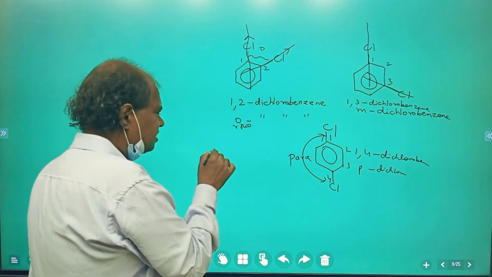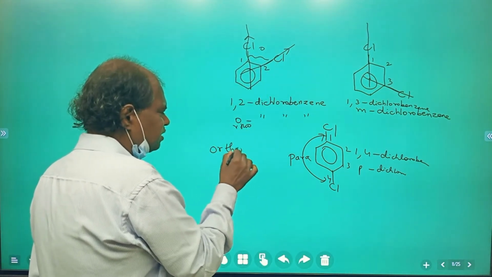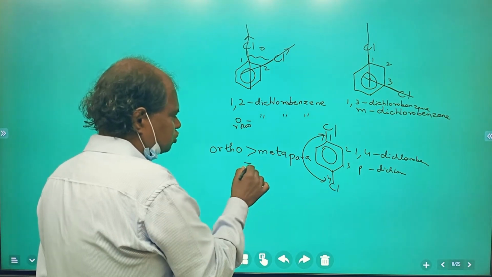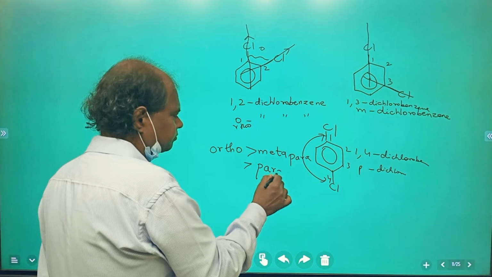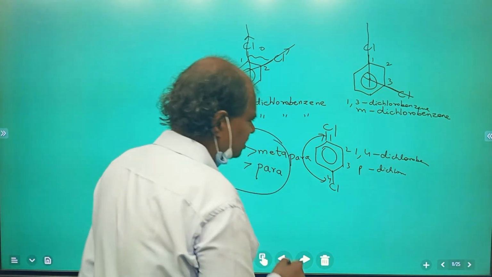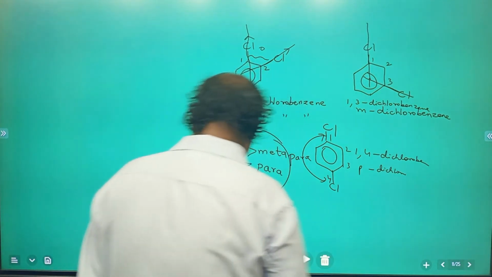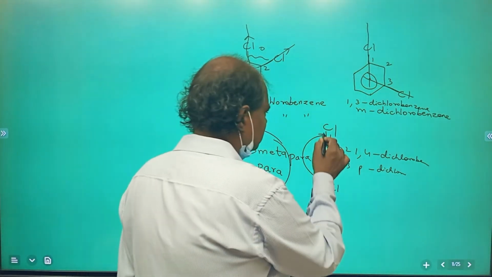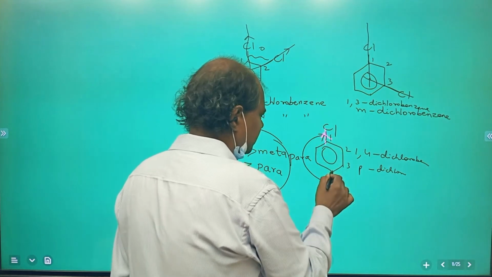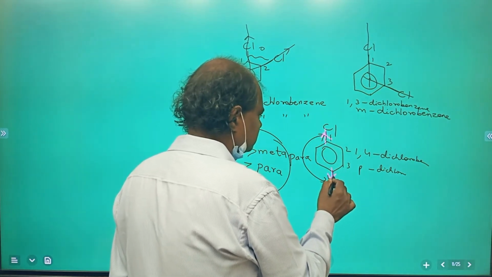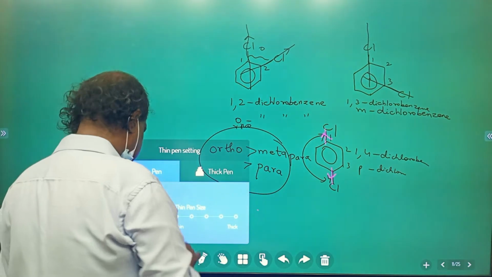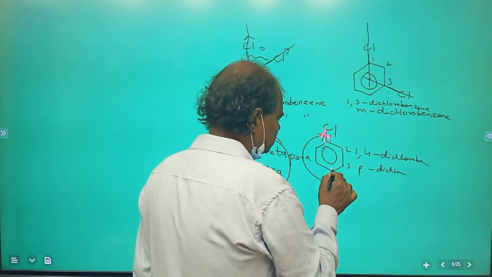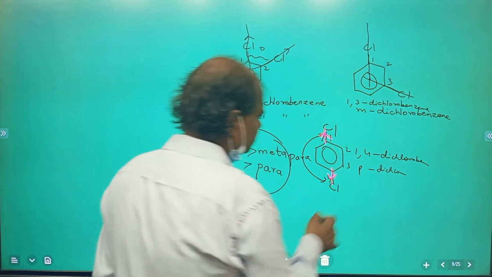So ortho will have the highest dipole moment. Then comes meta. And students, para will be 0. Can you guess why para is 0? We can guess this very nicely. See, why is para 0? If you see this vector and this vector, can you see this? I will show you with a different color. These two vectors, students, will get cancelled.